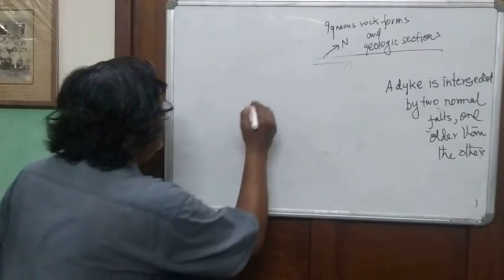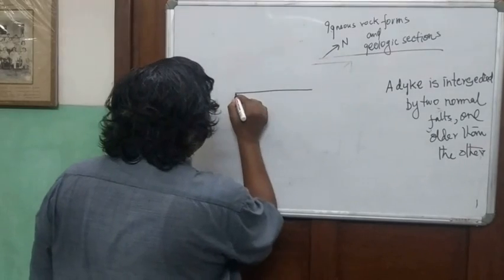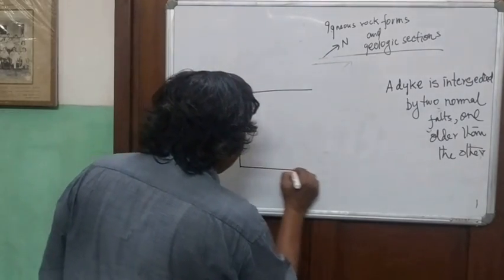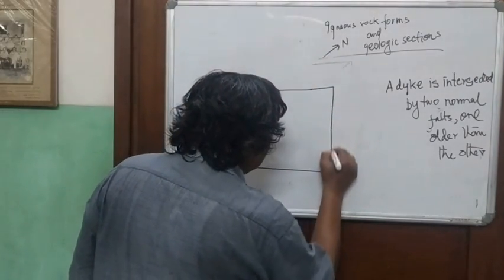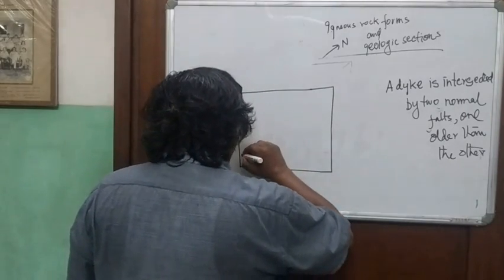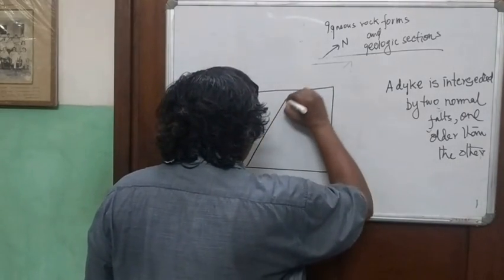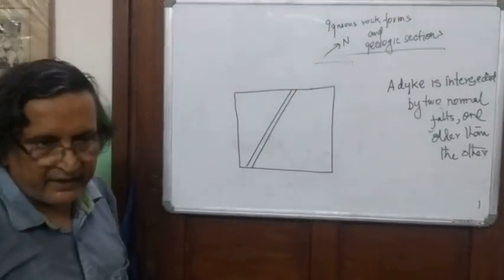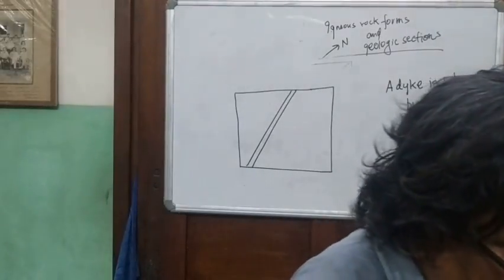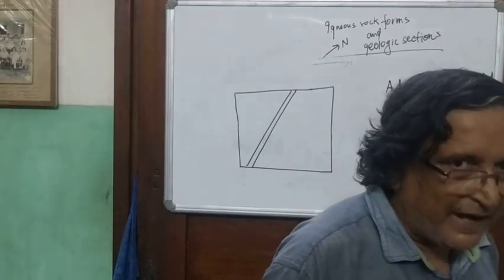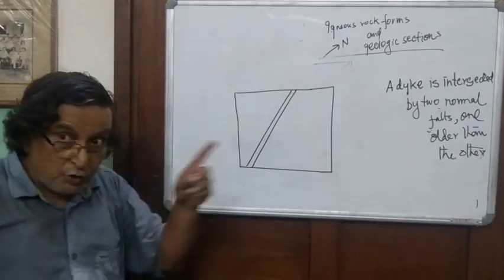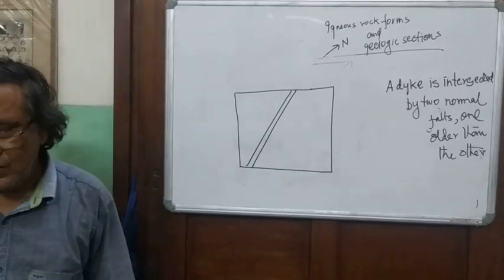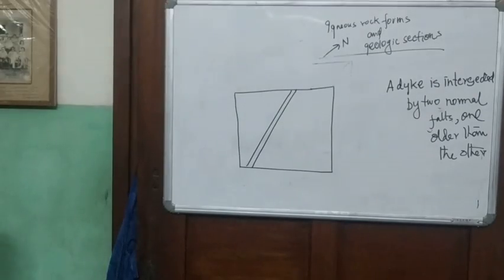So, let me start. Here is a geologic section. Let's say I have a dike. It is faulted by two normal faults, one younger and one older.